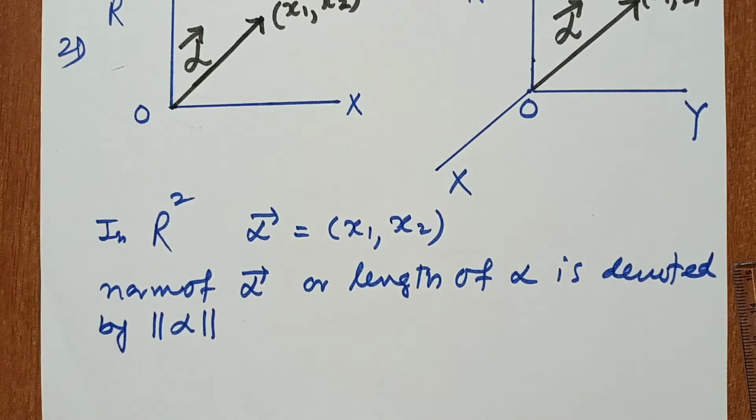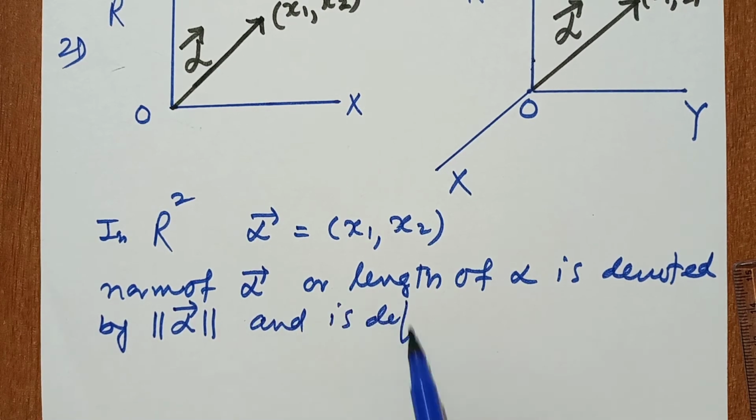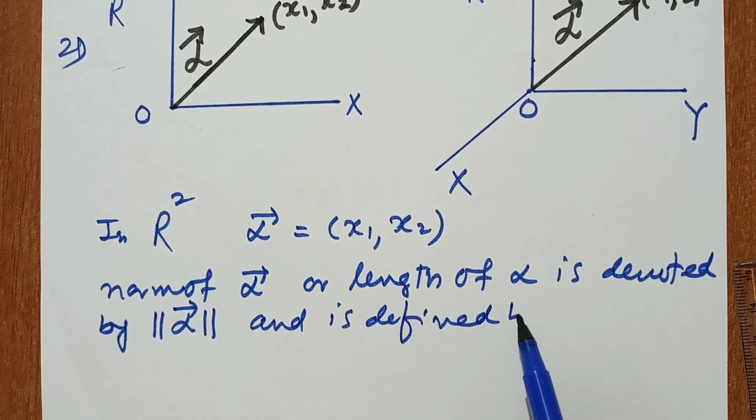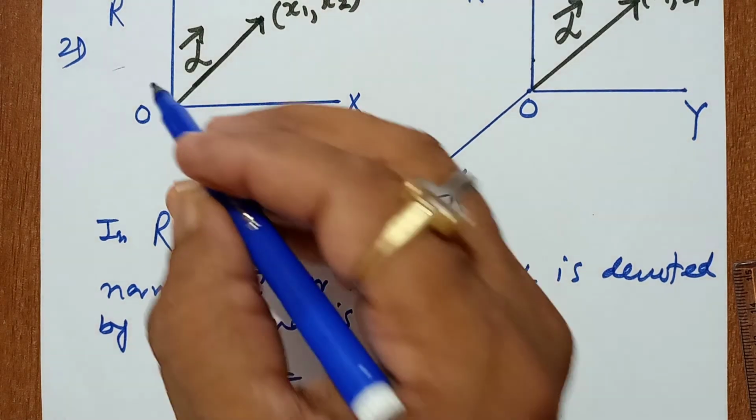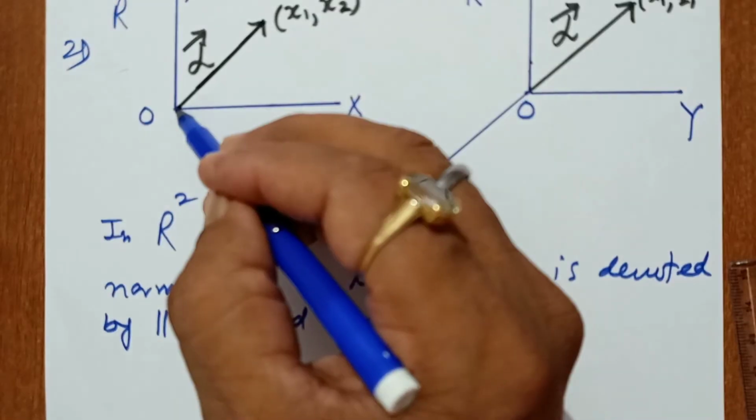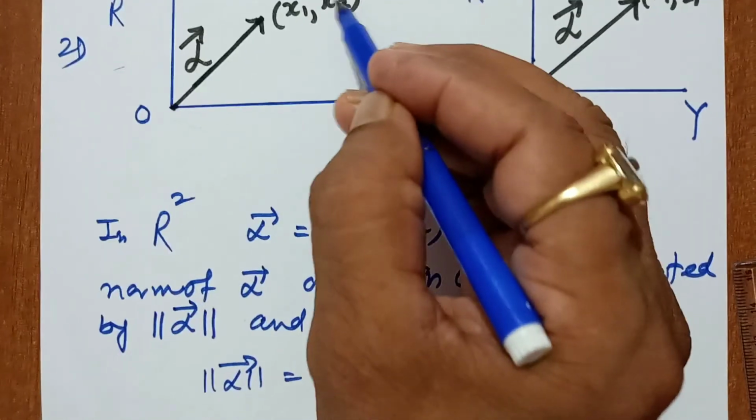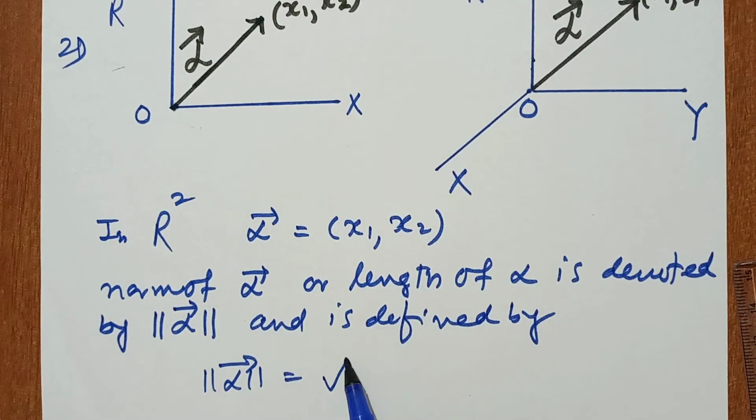We read it as norm of alpha, and it is defined by norm alpha equal to this length. This is the origin and this is the point x1, x2. So this is the square root of x1 square plus x2 square.